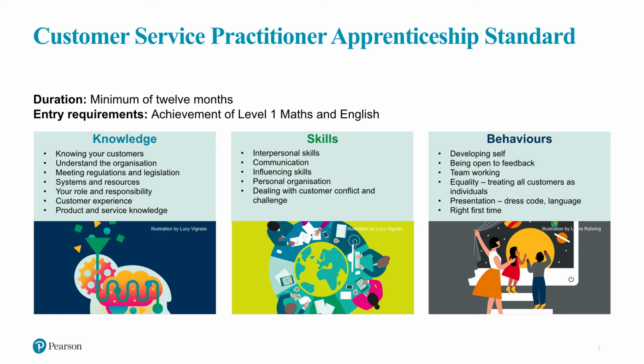The caveat there is in the apprenticeship standard, it indicates that apprentices also must take a level 2 maths and English examination. So that's quite controversial. I don't have any more feedback in regards to what that means, but when we do, we will of course circulate that to you. But in regards to the parameters, it's a 12-month programme, and functional skills or GCSE level 1 maths and English is a mandatory requirement.